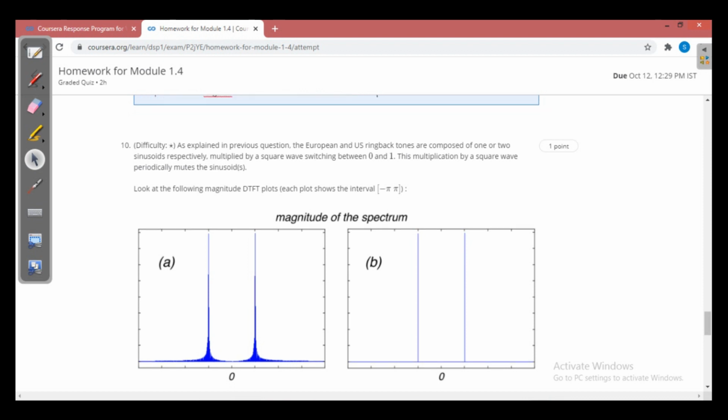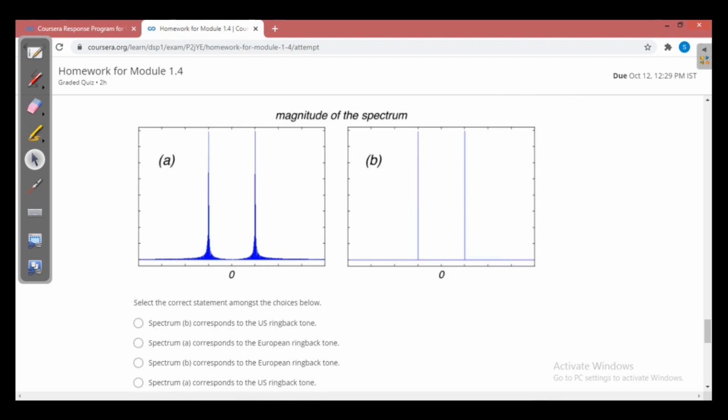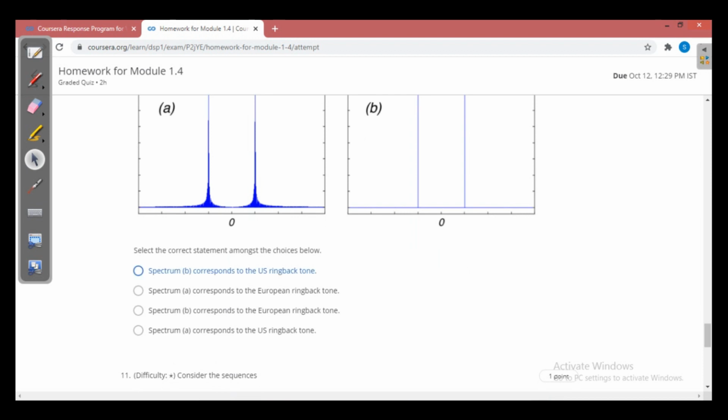Once the signal has one sinusoid, it has two frequency components in the spectrum, one at the positive and the second at the negative frequency. So this is simply the European ringback tone. See spectrum A, it is the practical spectrum, and spectrum B is the ideal one. So spectrum A corresponds to the European ringback tone.